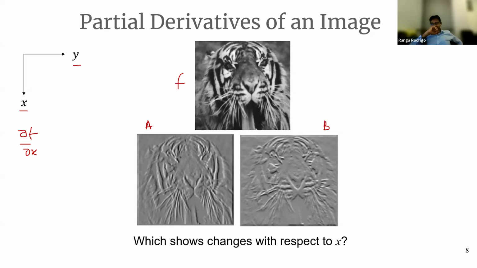Which one is partial derivative of f by x, A or B? Means vertically downward direction. Please try to answer, all of you.